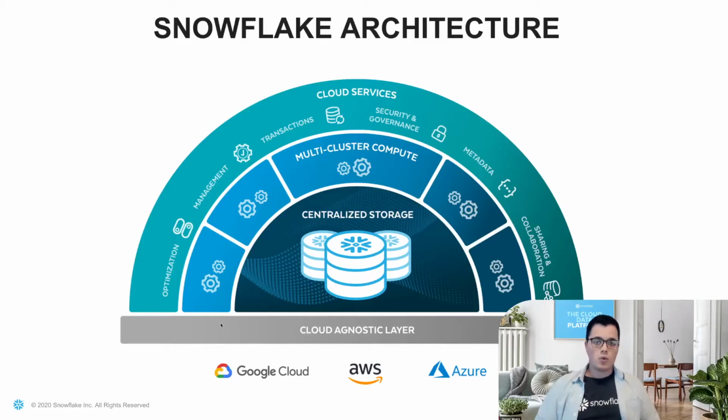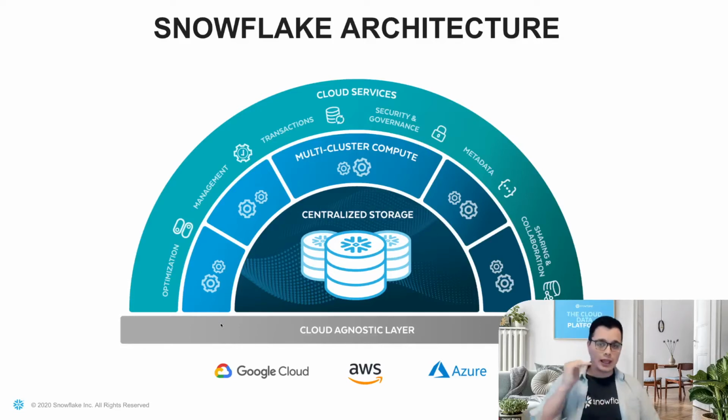And so when you can scale compute and storage independently, it really enables you to have a different kind of use case. For example, you can actually have compute that's dedicated to a specific team or a specific project or even a specific application. This means that you won't have queries that are competing for resources when you're trying to, at the same time, ingest more data.